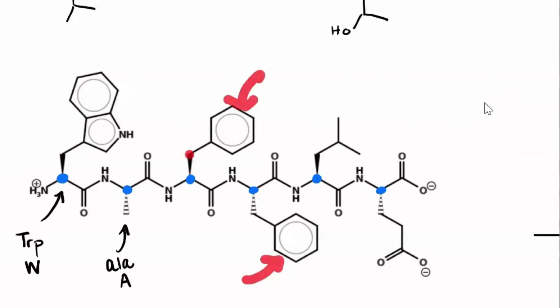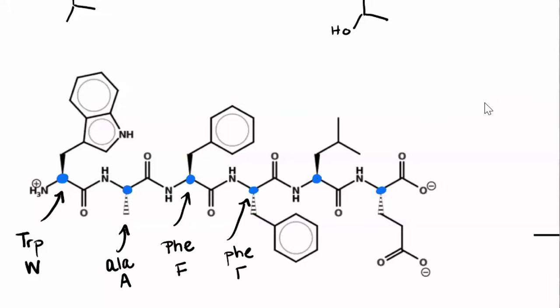It is a CH2 connected to benzene. When I look through the reference sheet, this actually refers to phenylalanine. So at this site, I have PHE, 1-letter code is F. Here is another PHE, 1-letter code is F.